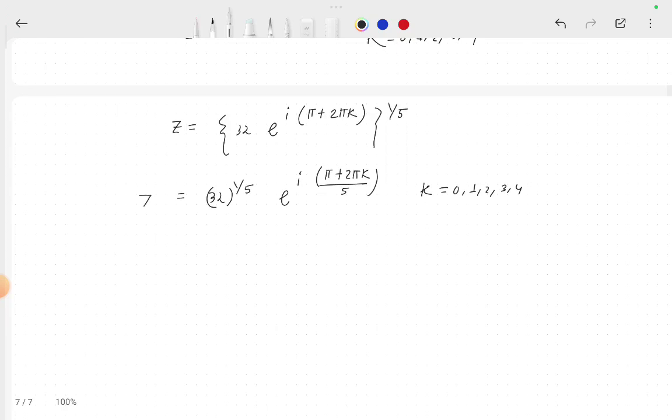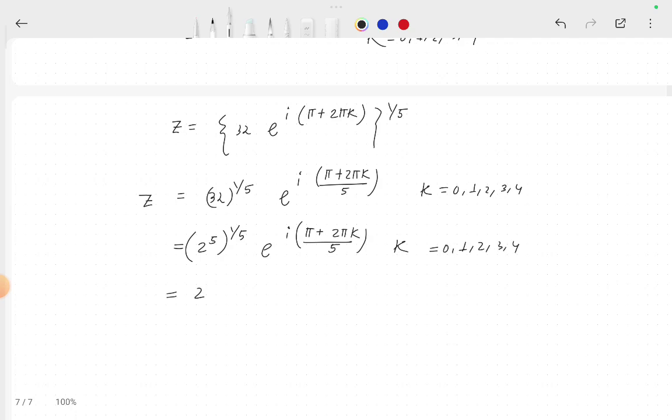So this is the complex number. Now we can find the root for different k values. This is a very simple case. Let's simplify this. It equals 2 to the power 5 to the power 1 by 5, that is 2, times e to the power i pi plus 2 pi k upon 5, and k equals 0, 1, 2, 3, 4.